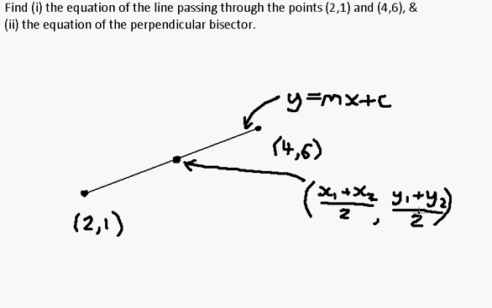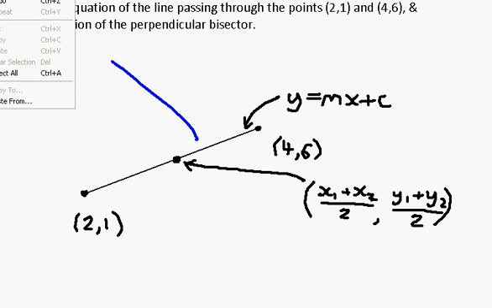That will be the coordinates of our midpoint. Once we've got that, we can work out the negative reciprocal of the gradient to then determine the equation.